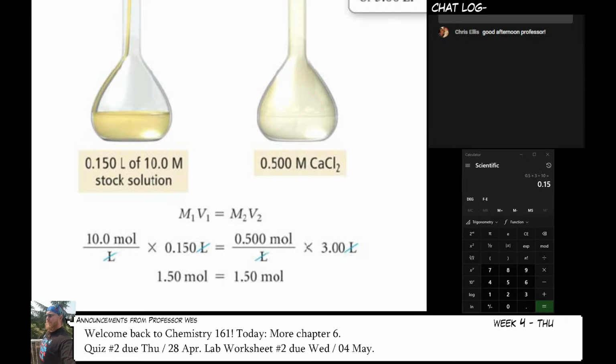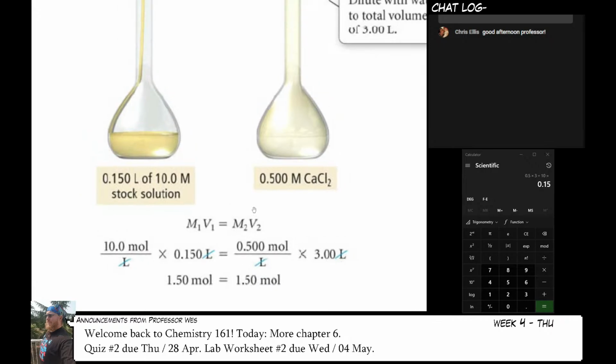I am changing the amount of solvent in the solution. But the number of moles of solute is always the same before and after because it is not being added. So in reality, what this calculation does is tell us the number of moles that should be taken from the stock solution to be used in our dilute solution.